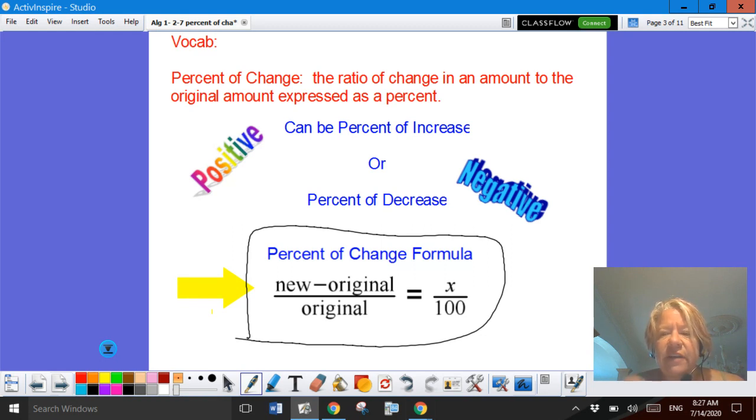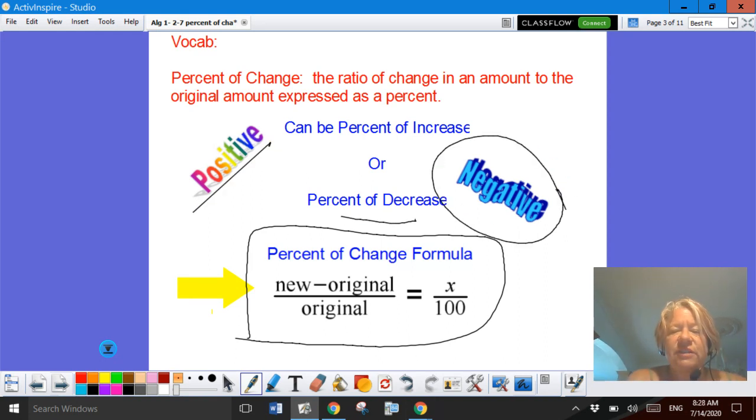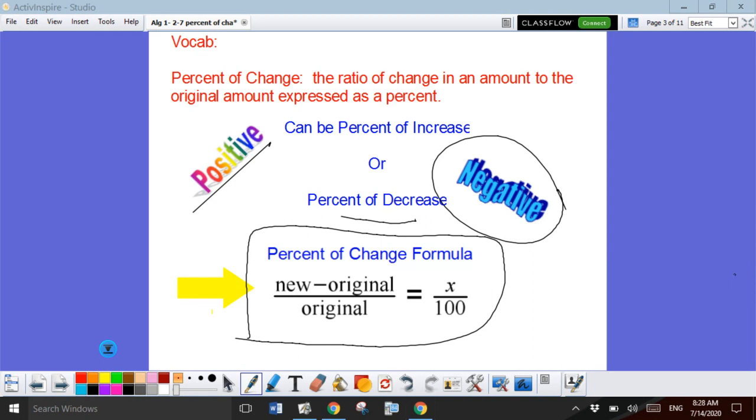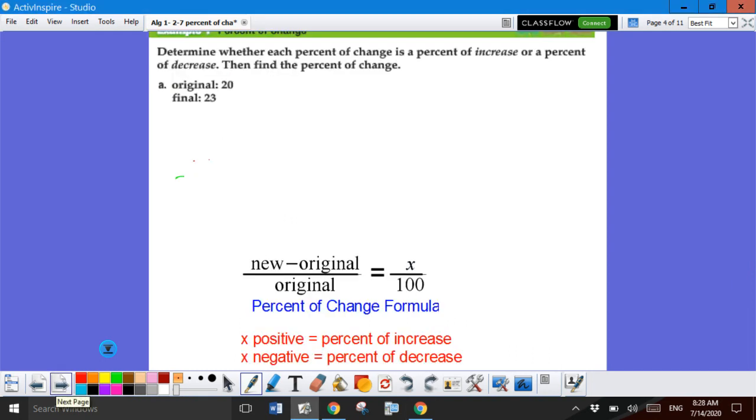So obviously a percent of increase is going to be positive, and a percent of decrease is going to be negative. So it's really important that we make that decision based on the information right away, so you know whether your answer should be positive or negative and what it means. Okay? All right, so now we've got that formula written down. Let's go ahead and get started.